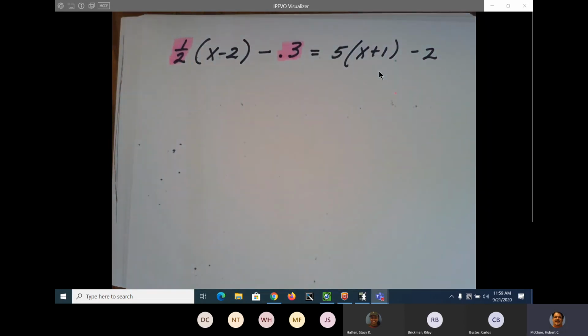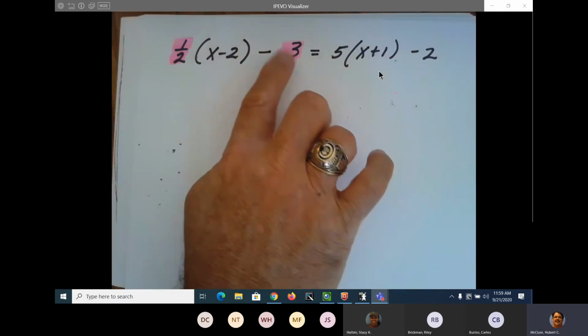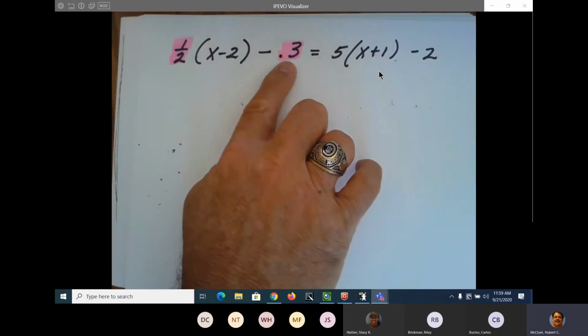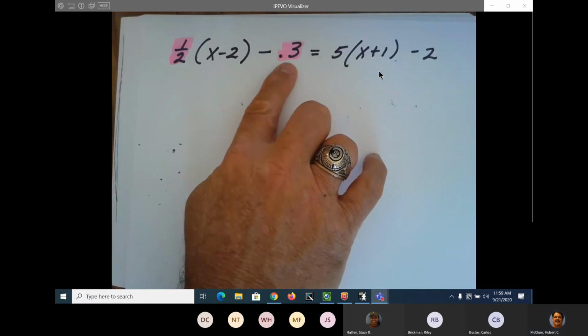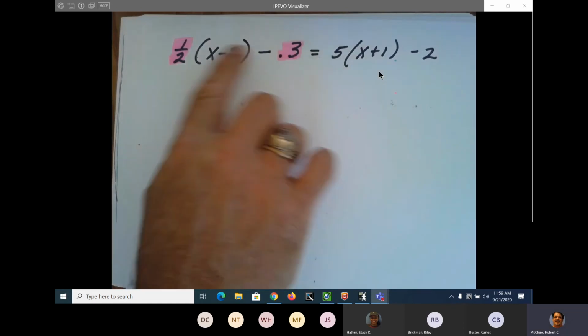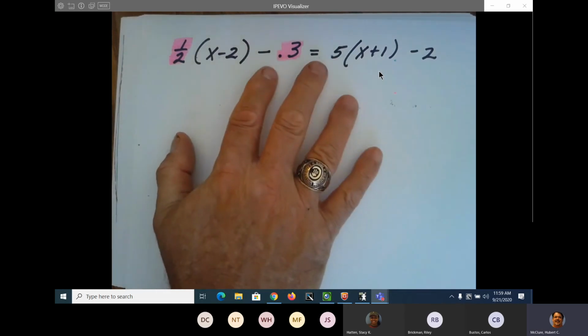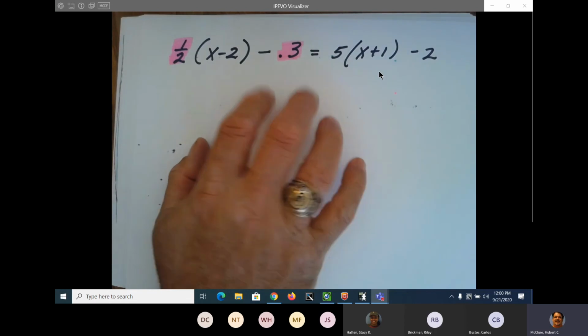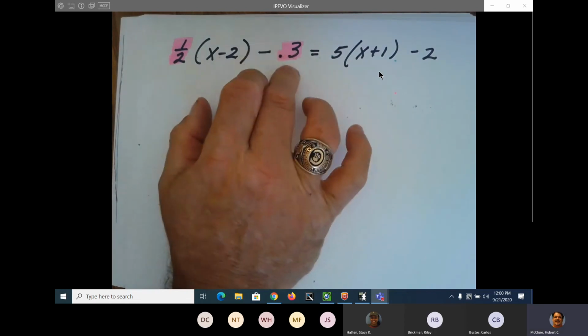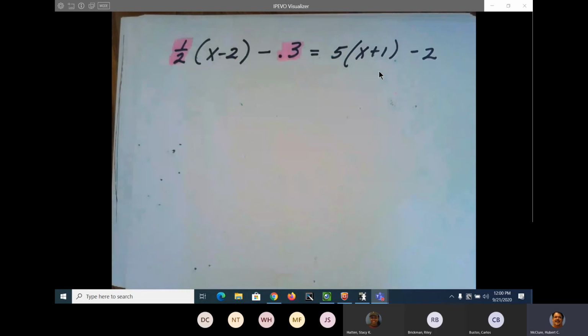Which dictates? Well, they both work together. This needs to be multiplied by 10 because that's the tenths place. 10 is also divisible by 2. So most of the time when you're dealing with one of these problems, it's going to work out to be a number that will take care of the decimal and the fraction.